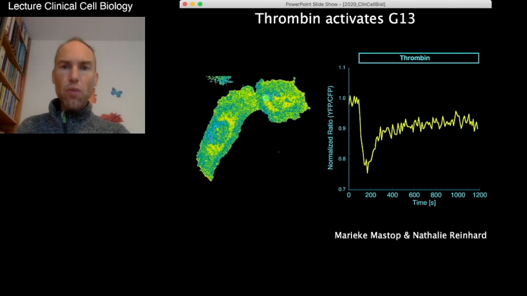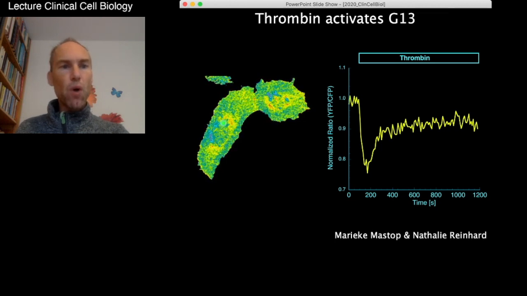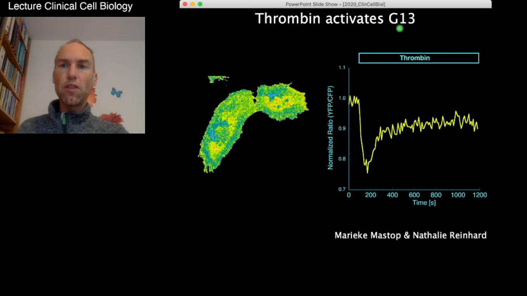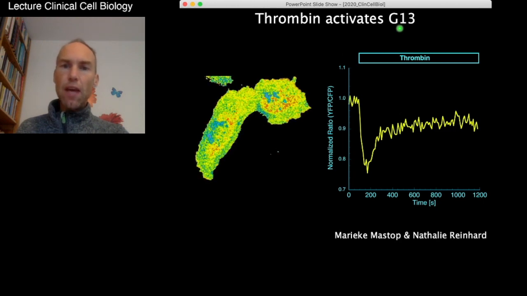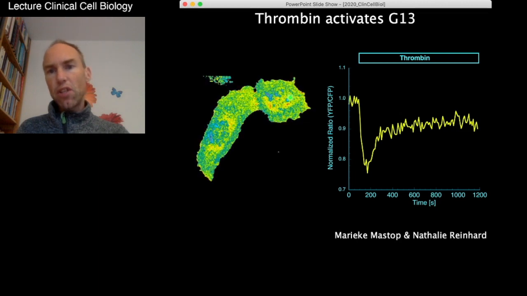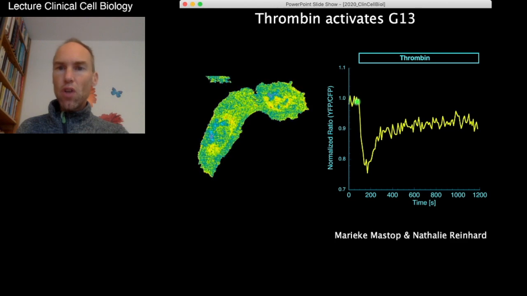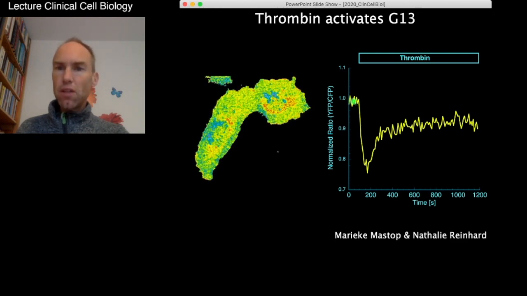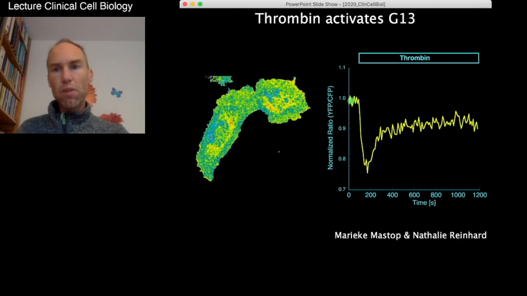Now these cells were transfected with a probe for a certain G protein, in this case it's a G13 class, and we were interested in measuring its activity. The activity is shown in one of those typical curves over here. So here we measure the activity of the G protein over time. This is the baseline where no stimulus is applied.